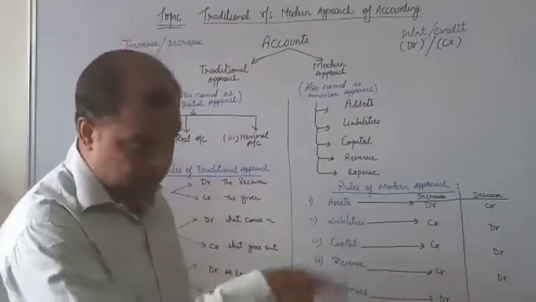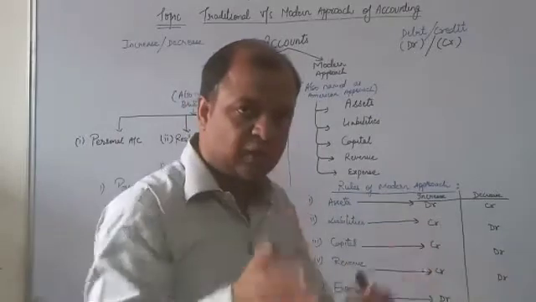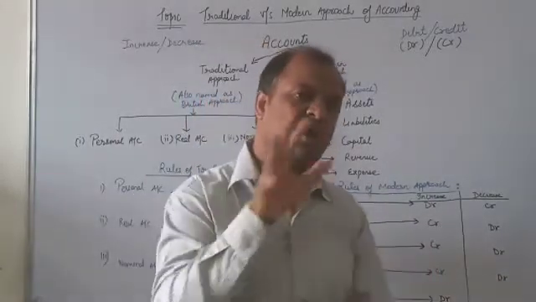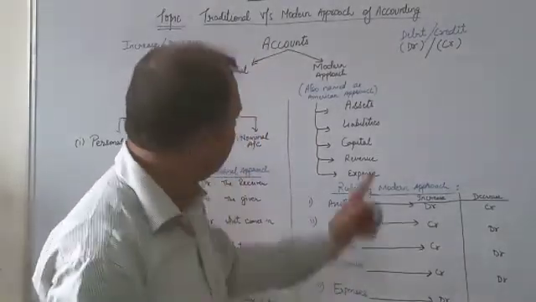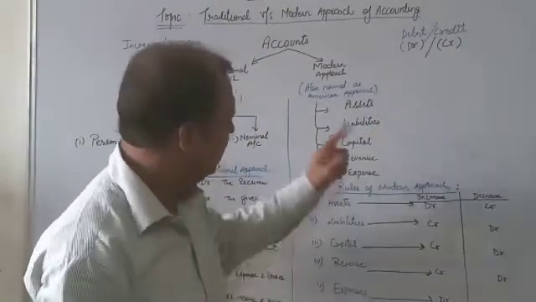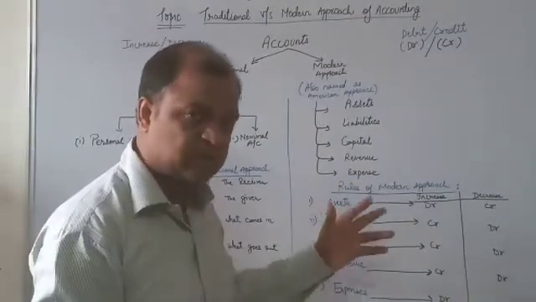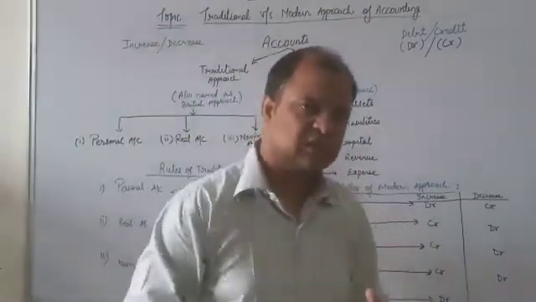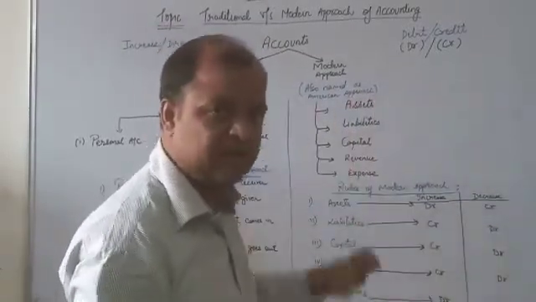Actually, modern approach follows these 5 items in totality, in which all the accounting rules can be applied and made applicable. They are the terms assets, liability, capital, revenue and expense. All business transactions are somewhere around moving in these 5 items.